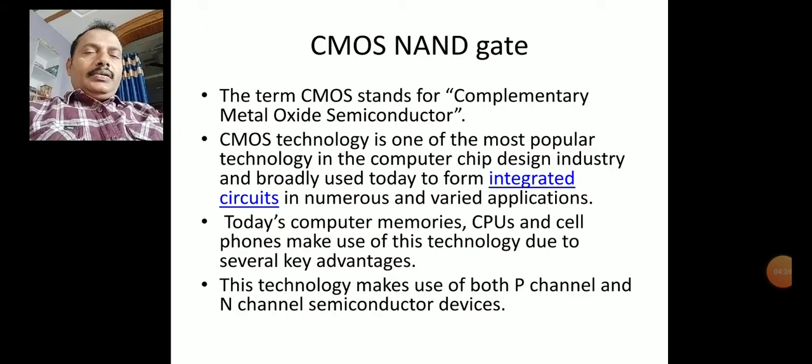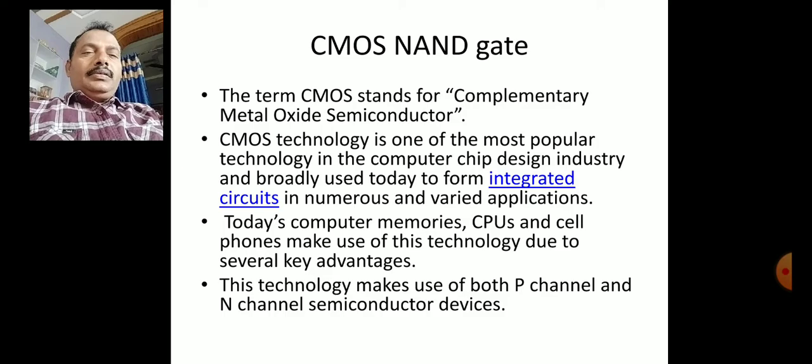And manufacturing cell phones and computers, CPUs, central processing units, are all manufactured with the help of CMOS technology.